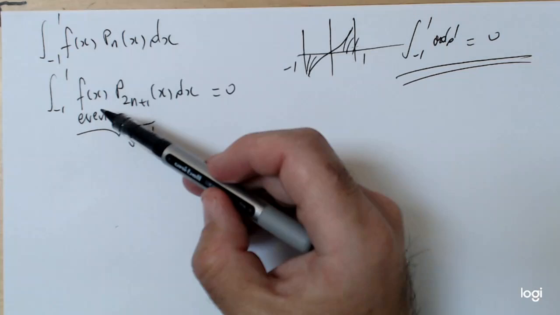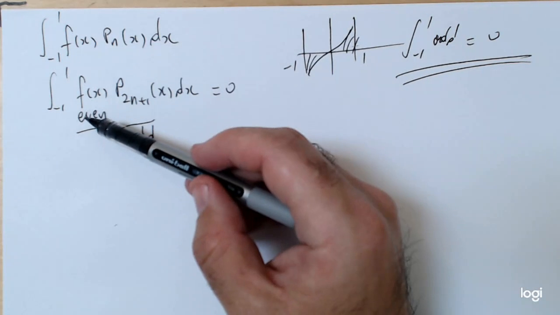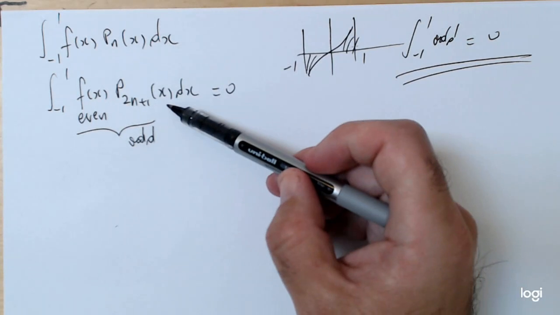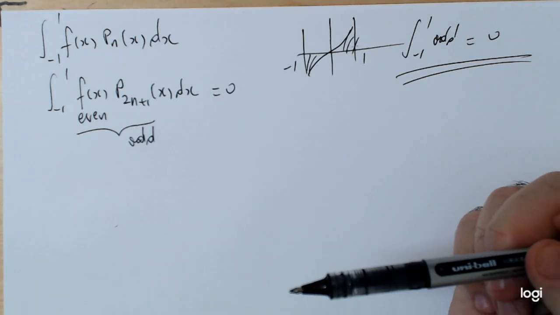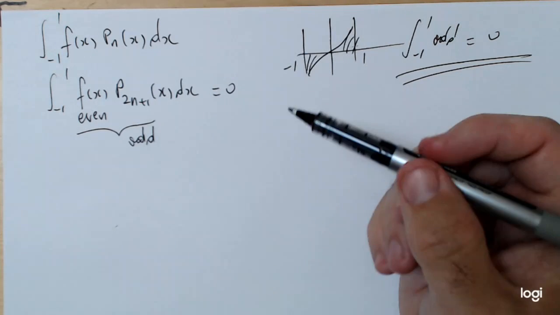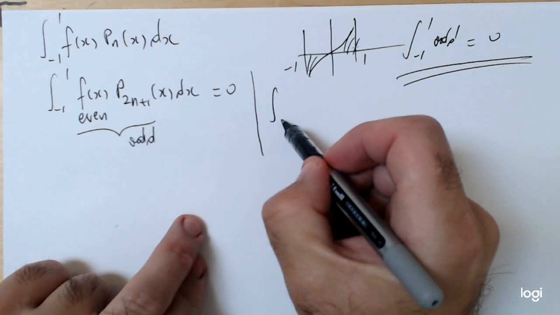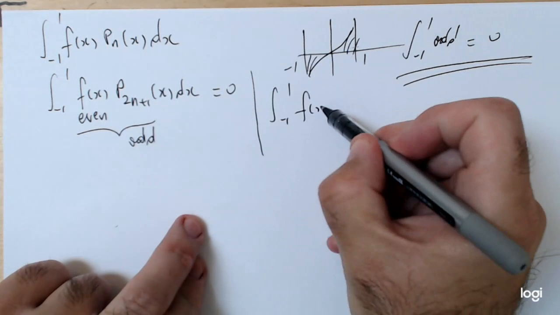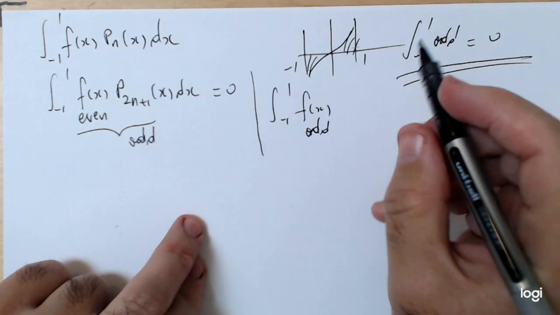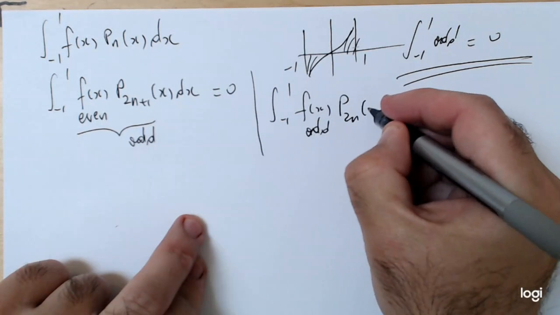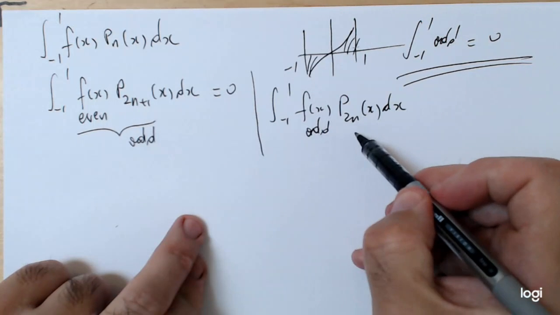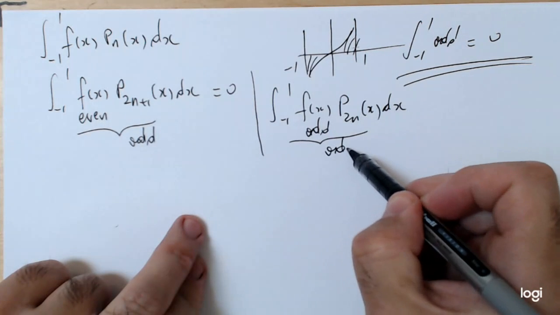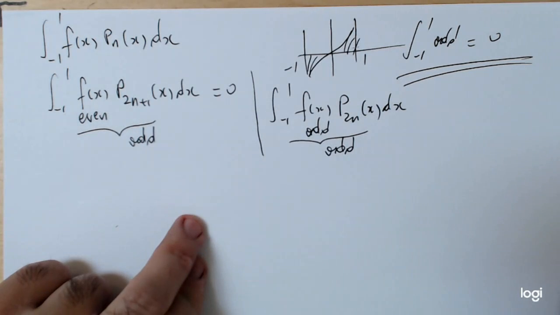If I plug in minus x for x, if f is even, that's only f of x, and you pull out the minus if you have just odd coefficients in the Legendre polynomial. By the same token, if you have an odd function multiplied by an even polynomial, this is again an odd function, this multiplication of the two.